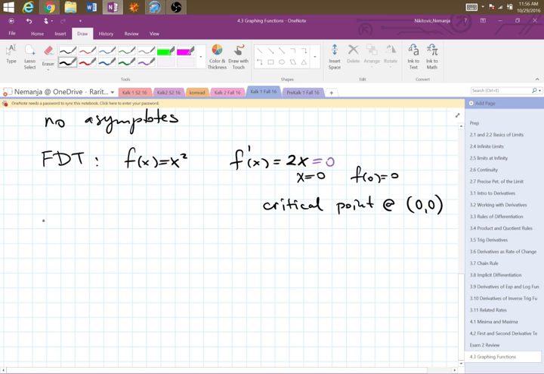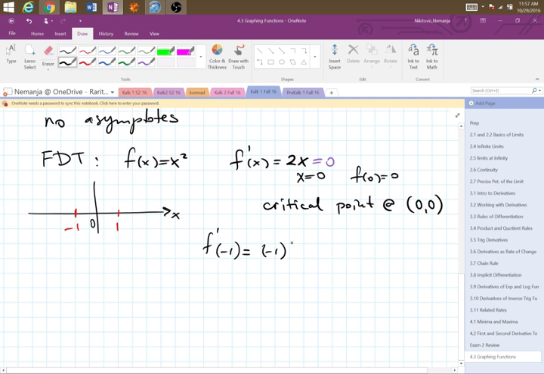Those critical numbers, critical points, partition our number line x. And you are supposed to pick two test values in each of the regions that you get. So now to do the first derivative test, we say f prime computed at -1.